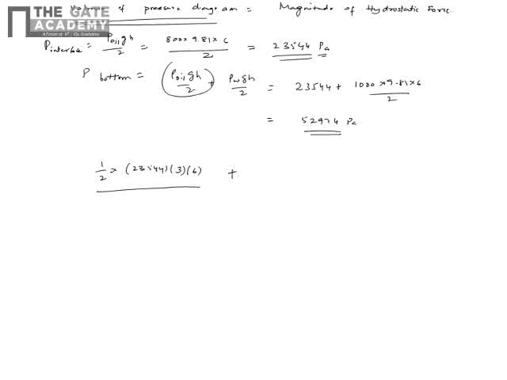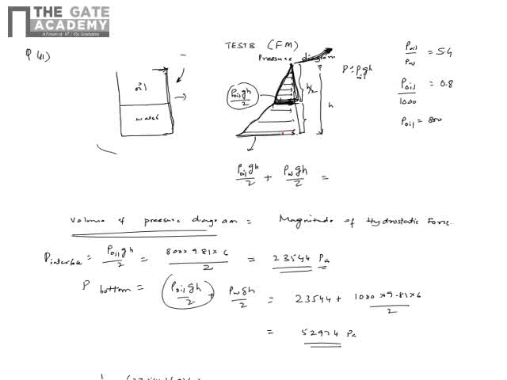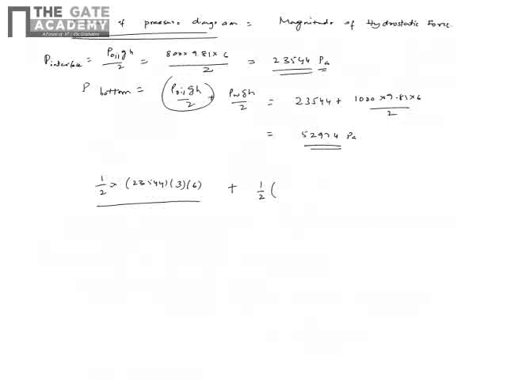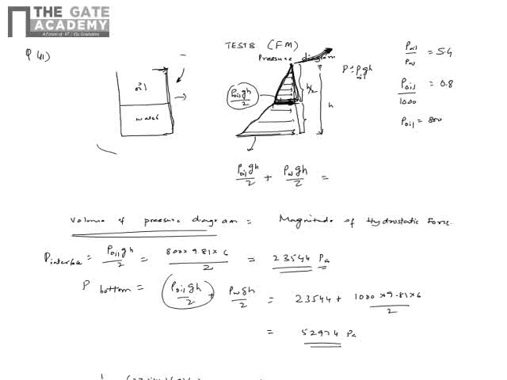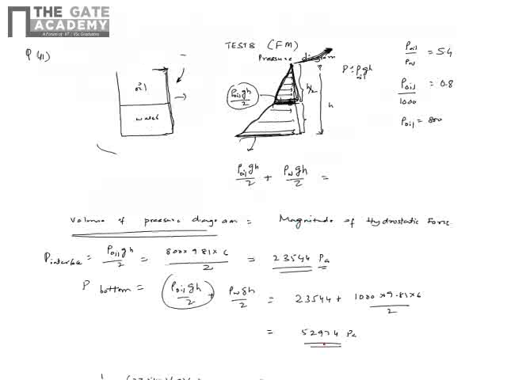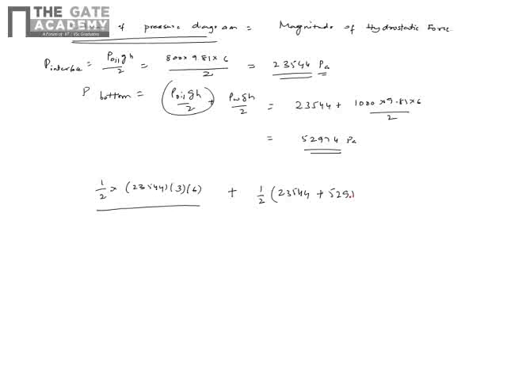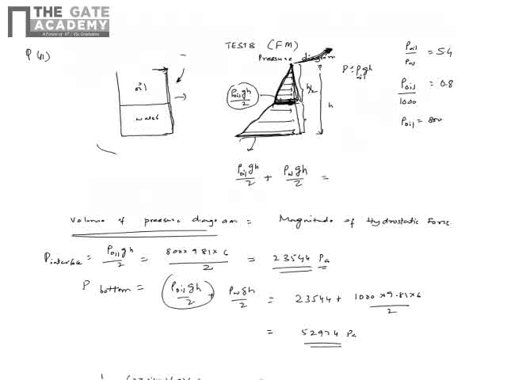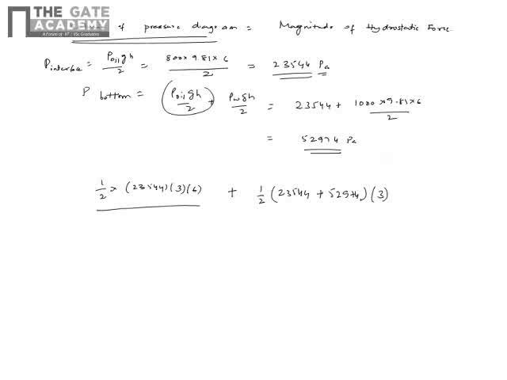Plus the water portion, where you have a trapezium. Let's first compute the area. Area is half, the mean of these two widths, this interface pressure 23544 plus this pressure 52974, into this height, 6 by 2, which is 3, and into the perpendicular width, which is 6.